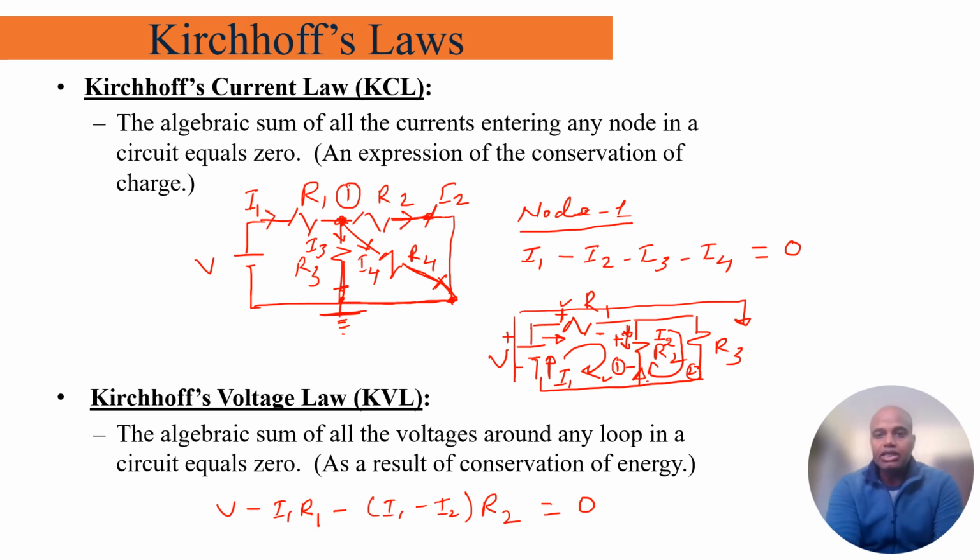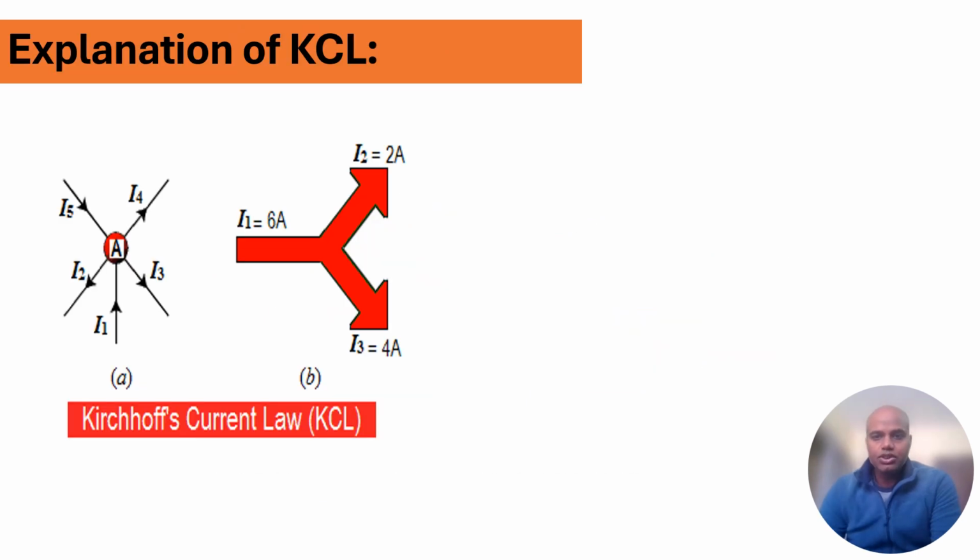Now we can understand both the laws by taking one example. This is a very simple example which we have considered here. For this red circuit, it can be easily seen that the current of 6 ampere, which is I1, is incoming.